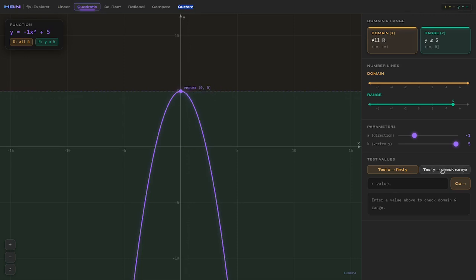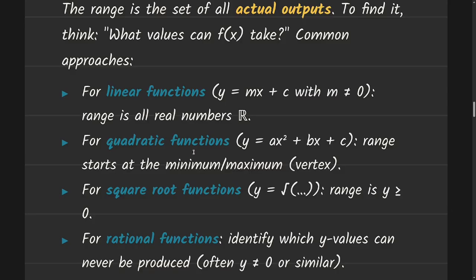So for instance, if I test for y being 10, as I'm doing over here, it says that is not in the range, because there's no value of x that will give us that. So that is it for quadratic functions.